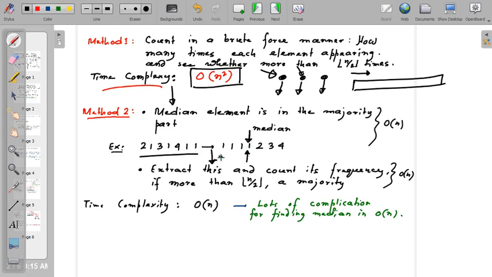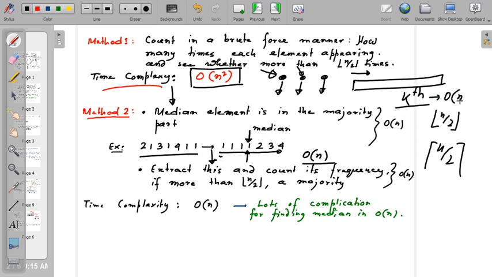To see whether it is appearing more than n by 2 floor, or say n by 2 ceiling, number of elements, we have to again search this list. That will take order of n time, and finding the median by the kth smallest element, we know, takes order of n time.